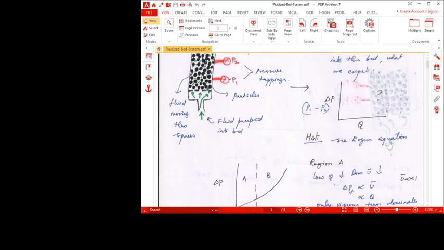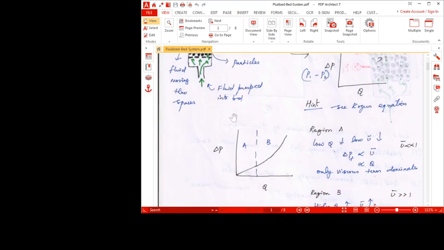Now if you have taken your Ergun equation, this is what you should have arrived at. This plot looks fairly like a straight line at very low values of flow rate, and then afterwards it is expected to curve. Remember, I'm only plotting the frictional pressure drop and not the static bed pressure drop.